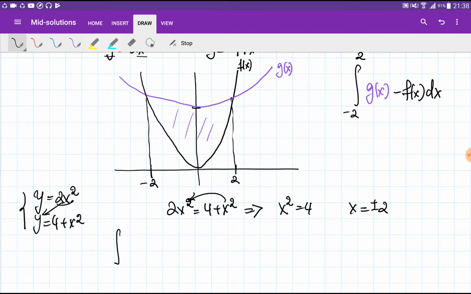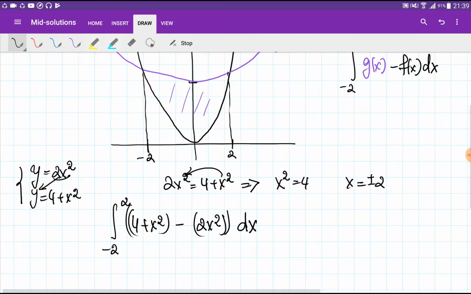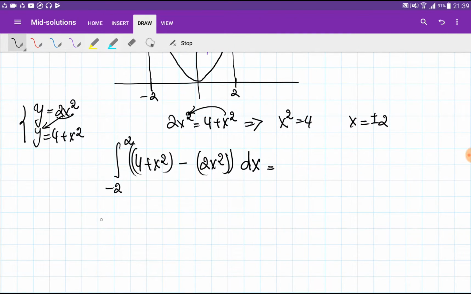So the integration of 4 plus x squared minus 2x squared with respect to dx of all of this thing from minus 2 to 2. And let me first of all simplify the brackets. 4 plus x squared minus 2x squared will be 4 minus x squared dx. So first of all, I need to find the antiderivative.